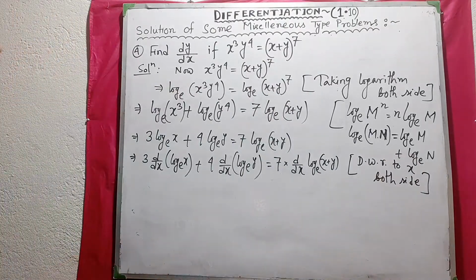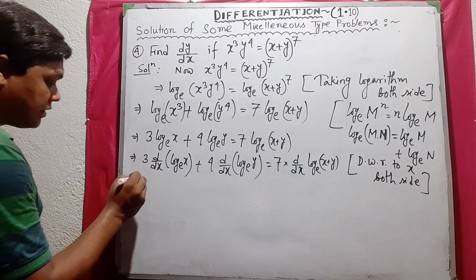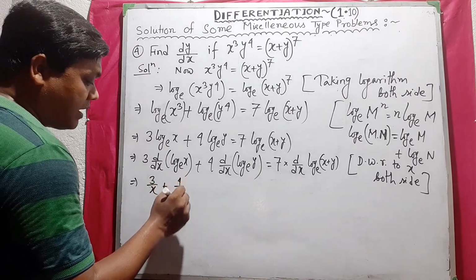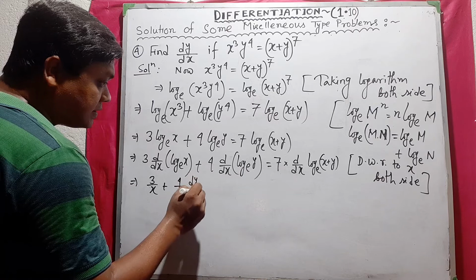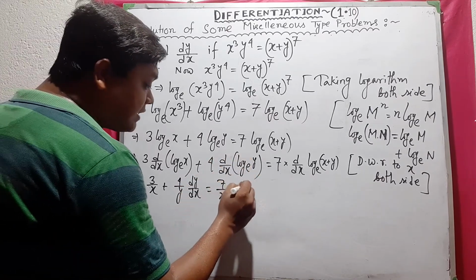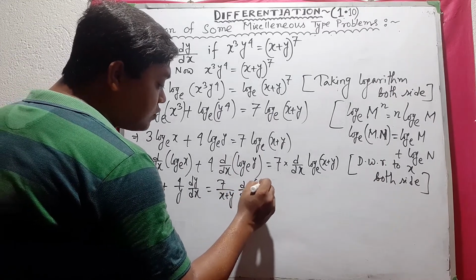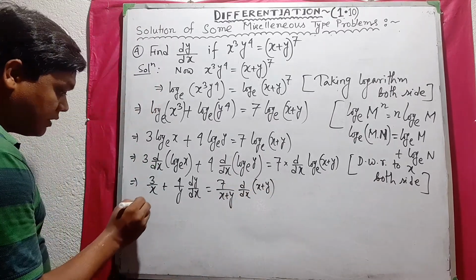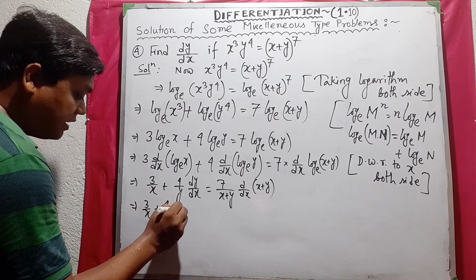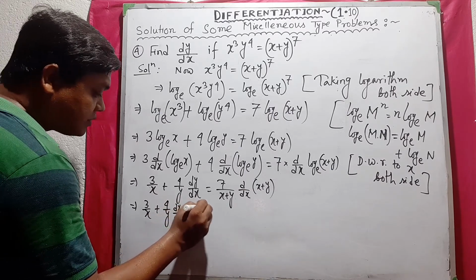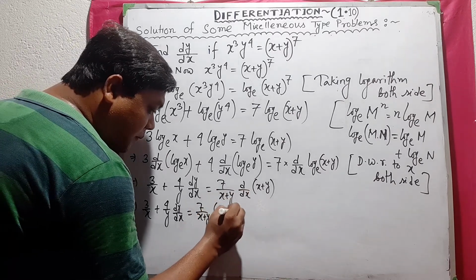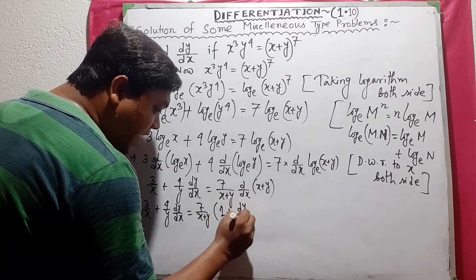After differentiation we get 3 by x, and 4 by y into dy/dx, and 7 by (x plus y), of course, d/dx of (x plus y). So now 3 by x plus 4 by y dy/dx equals 7 by (x plus y), times the derivative, 1 plus dy/dx.